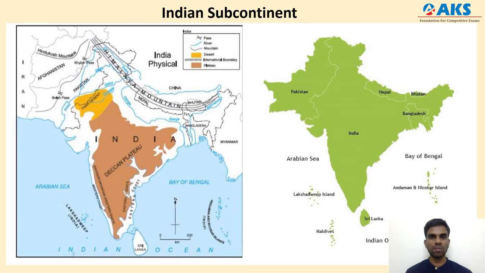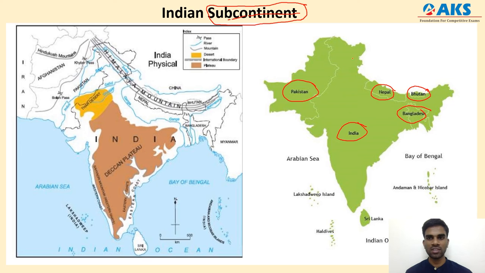Now coming to the concept of the Indian subcontinent, the textbook says that Pakistan, India, Nepal, Bhutan and Bangladesh together form the Indian subcontinent. Basically, a subcontinent is a part of a continent, but it has all the characteristics that a continent has, that is distinct geographical, cultural or historical features.